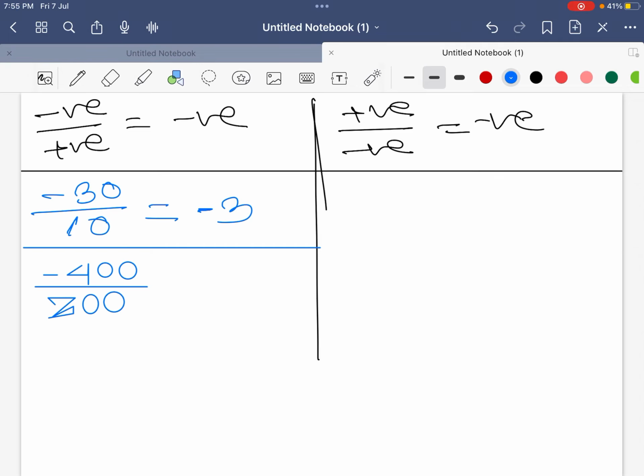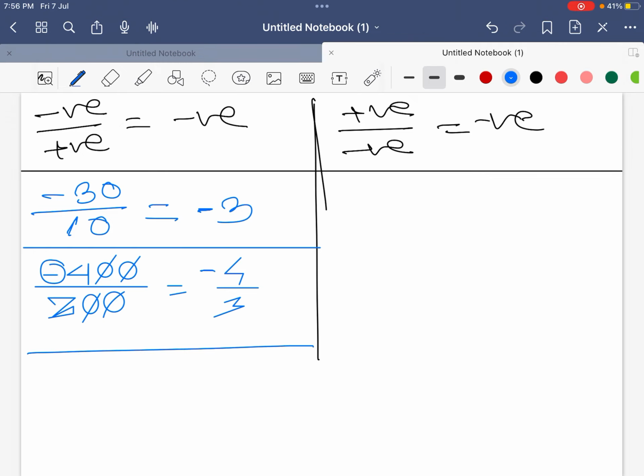We know that the 0s will cancel with each other, so the remaining term is only 4 upon 3. So what is the remaining term? 4 upon 3. And because of this minus, your answer will be negative.